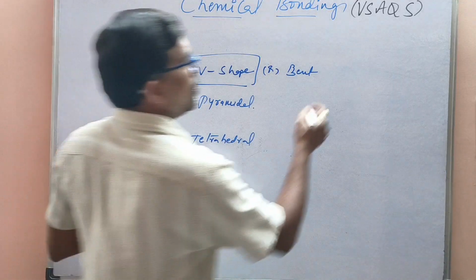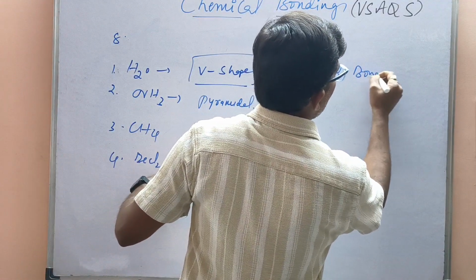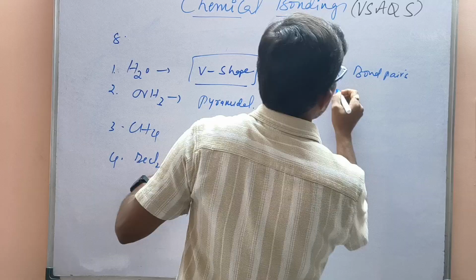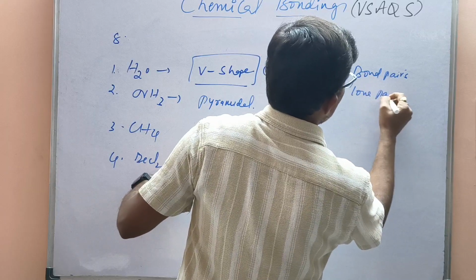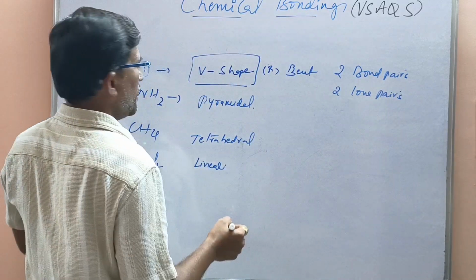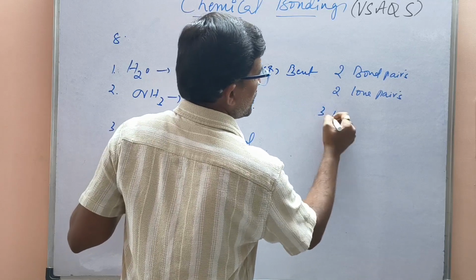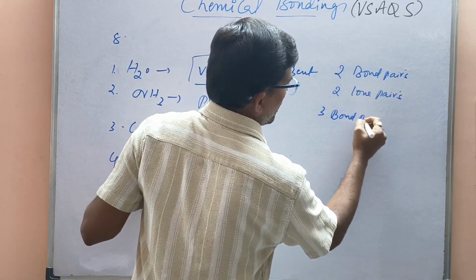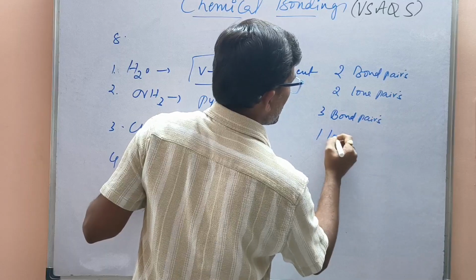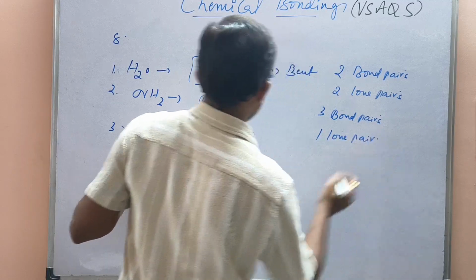So in a water molecule, 2 bond pairs, 2 lone pairs. In ammonia, we have 3 bond pairs, 1 lone pair.